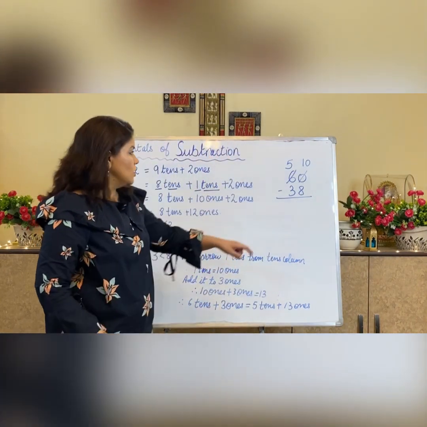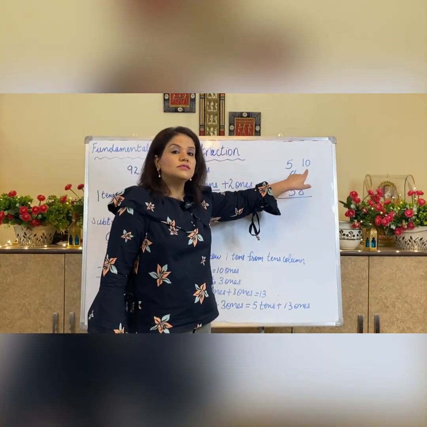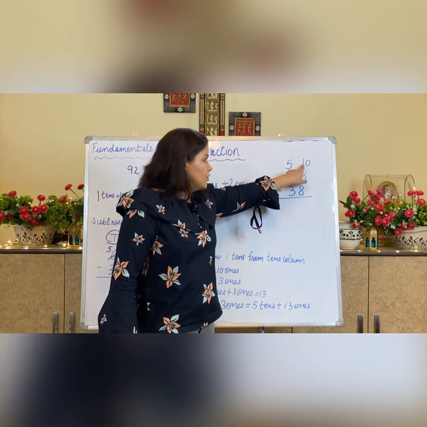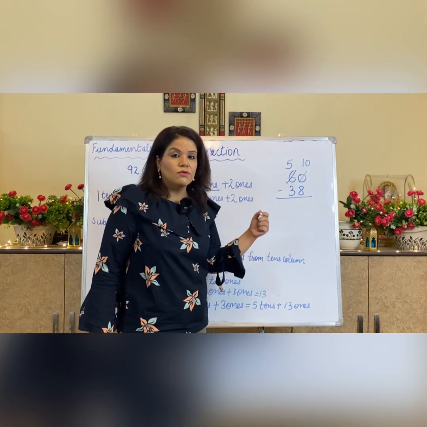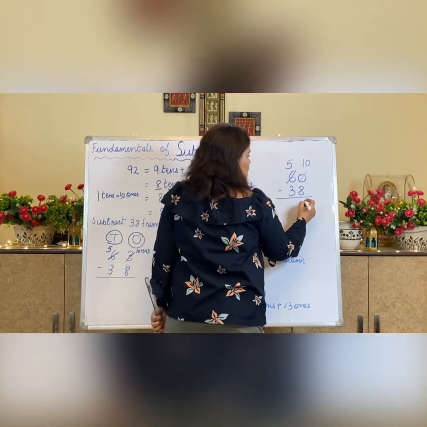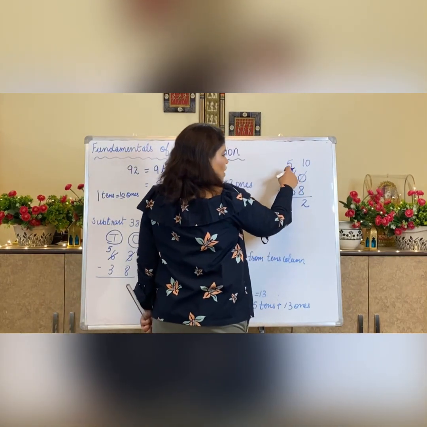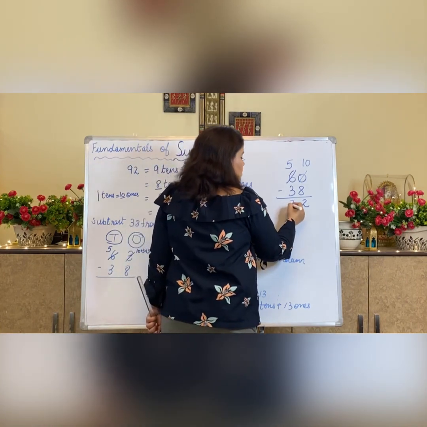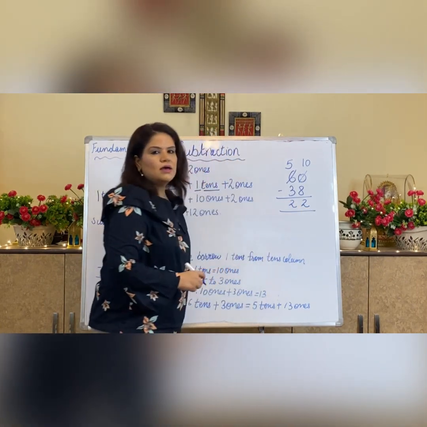So since I don't have any number here, this number will get added to 10 and what will I get? 10 only. So 10 minus 8 will be 2. 5 minus 3 will be 2. So this will be my answer.